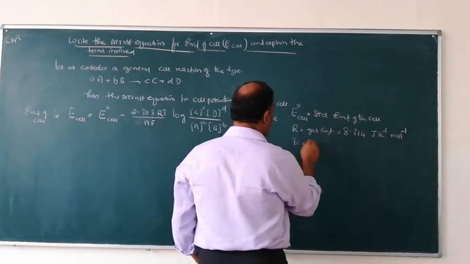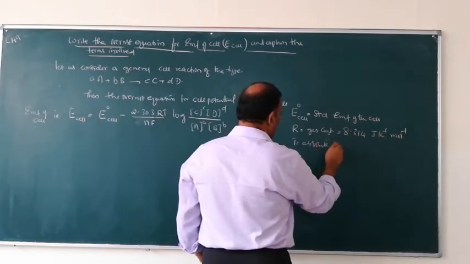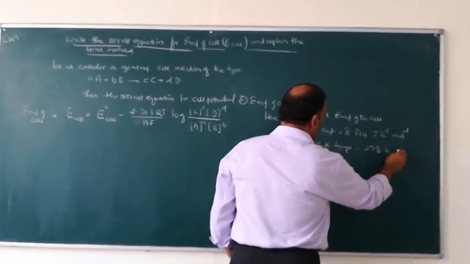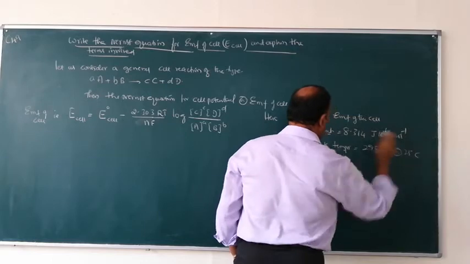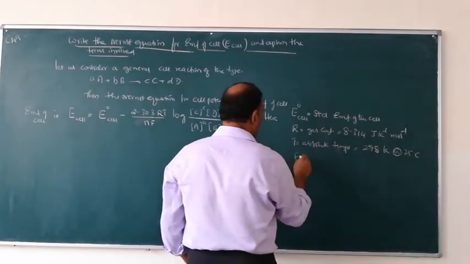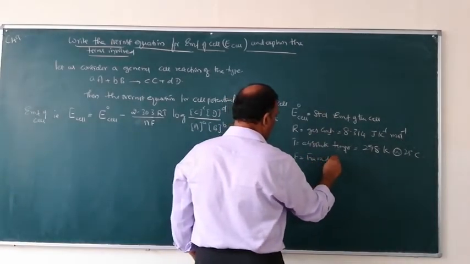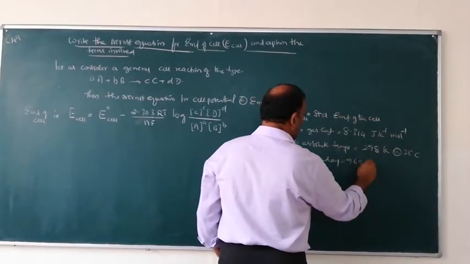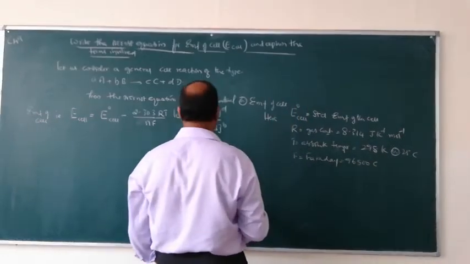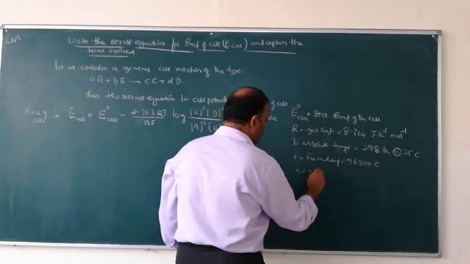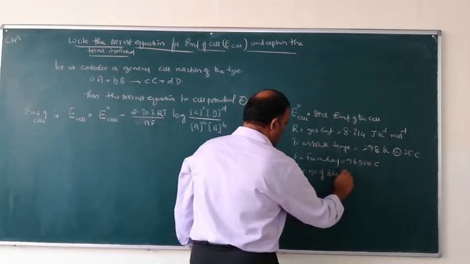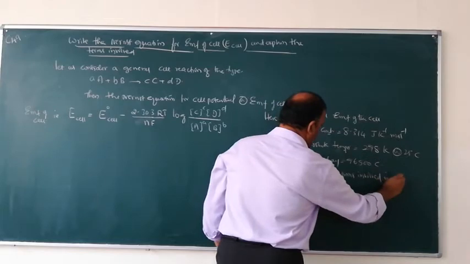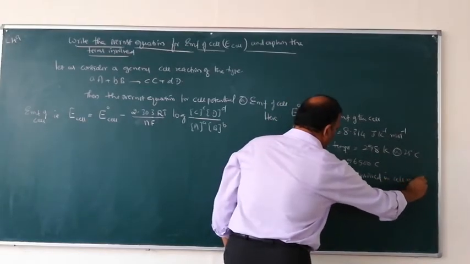T equals absolute temperature, that is equals 298 Kelvin or 25 degrees centigrade. F equals Faraday, that is equals 96,500 coulombs, and n equals number of electrons involved in cell reaction.